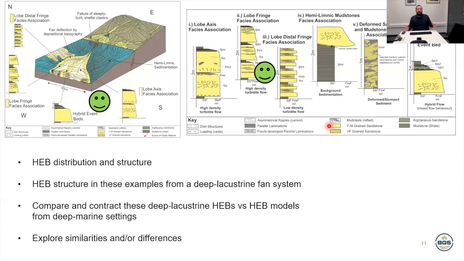So, as I was saying, we've got the whole range of scales of observation there: the seismic scale, the wireline scale, the correlated wireline, the core scale observations. We've done all that and brought that together. We've looked at the overall facies models for coarse-grained, sand-rich systems in deep lakes, and produced nice models like this, like in the 2019 paper.